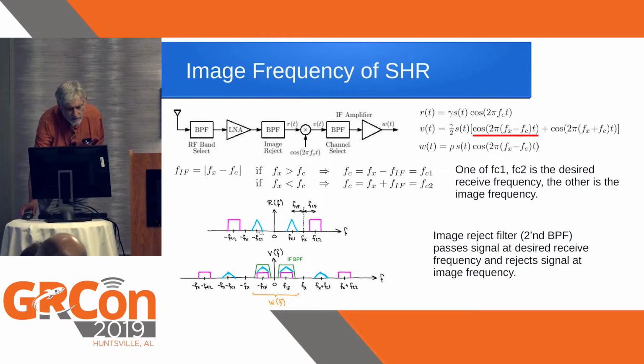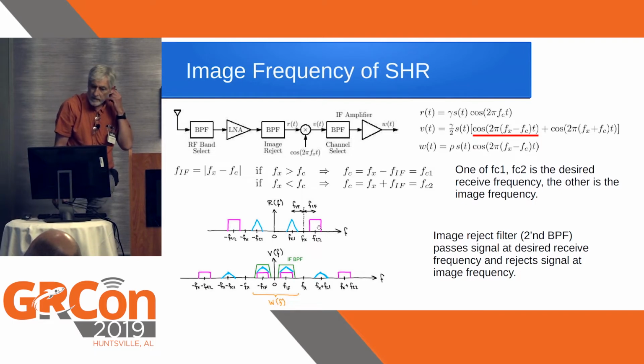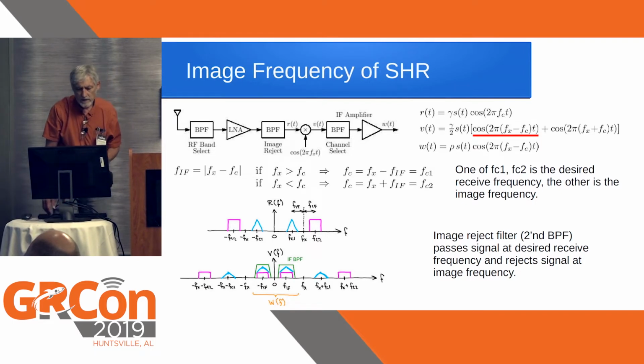If you assume here the cyan portion is one radio signal with marked with triangles here, and the purple portion with rectangular spectrum is a second radio signal. If they happen to be to the left and to the right of the actual mixer frequency fx here, then when you mix them down by multiplying by fx, that fx goes down to 0 from the right, and it goes up to 0 from the left.